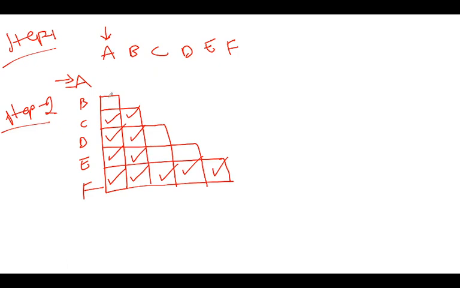Now AB. A comma B equals transition of A comma 0.